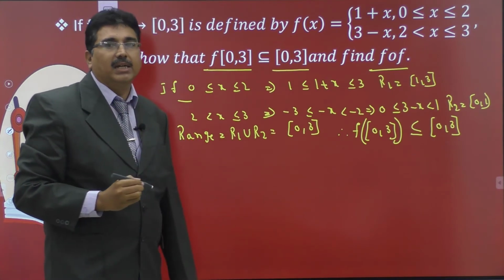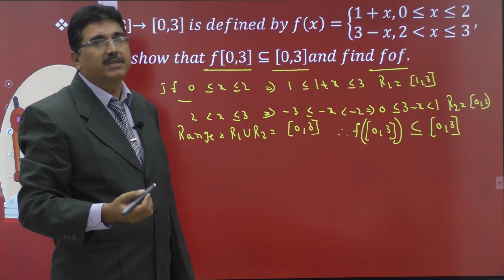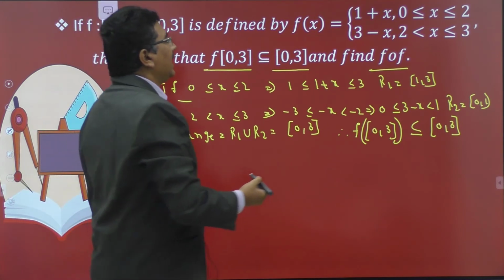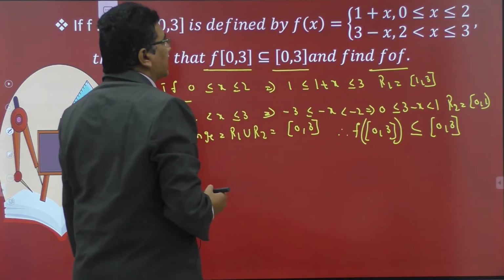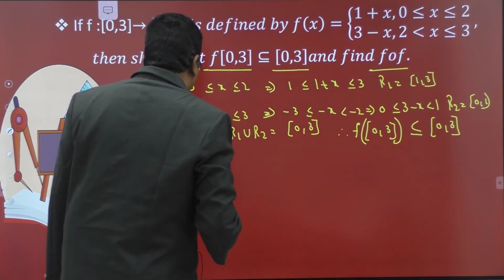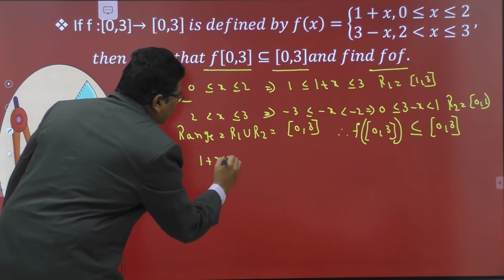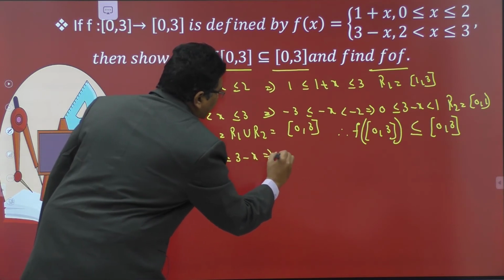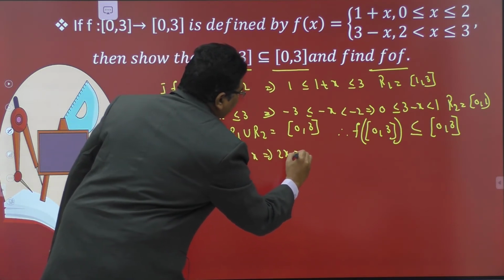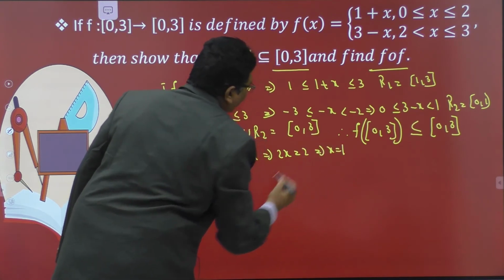For dividing the domain of f circle f, equating these two functions, 1 plus x is equal to 3 minus x, that implies 2x is equal to 2, that implies x is equal to 1.